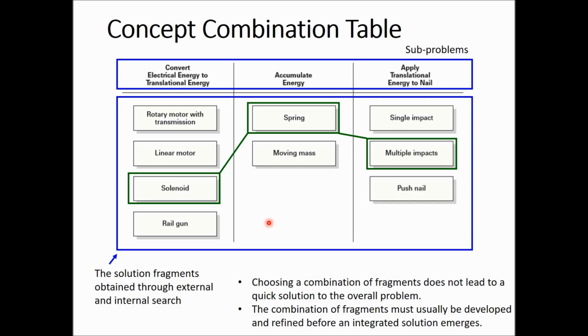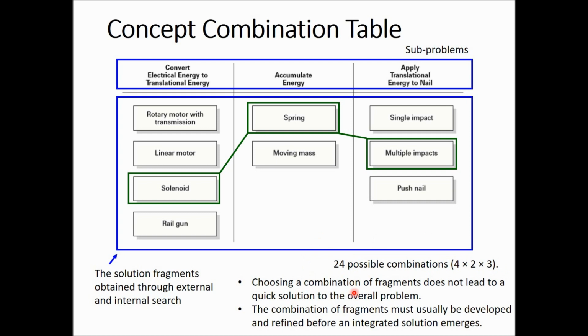So you have to look at different combinations to see what is the best. If you look at this problem, you have four fragments in the first column, two in the second, and three in the third. Accordingly, you can generate 24 different combinations.